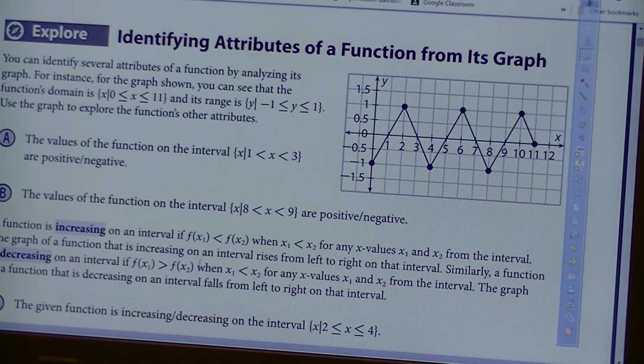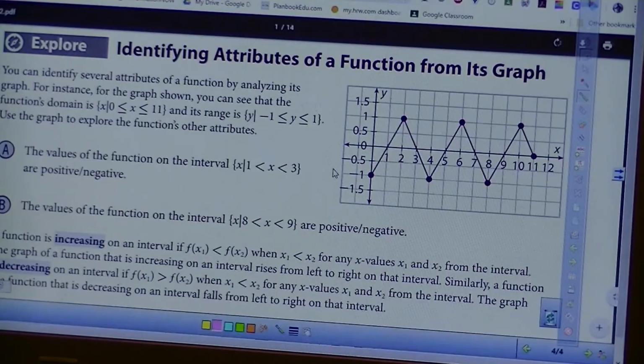So this is a maximum. That's a maximum, and this is a maximum. Okay? This is a minimum, and that is a minimum.